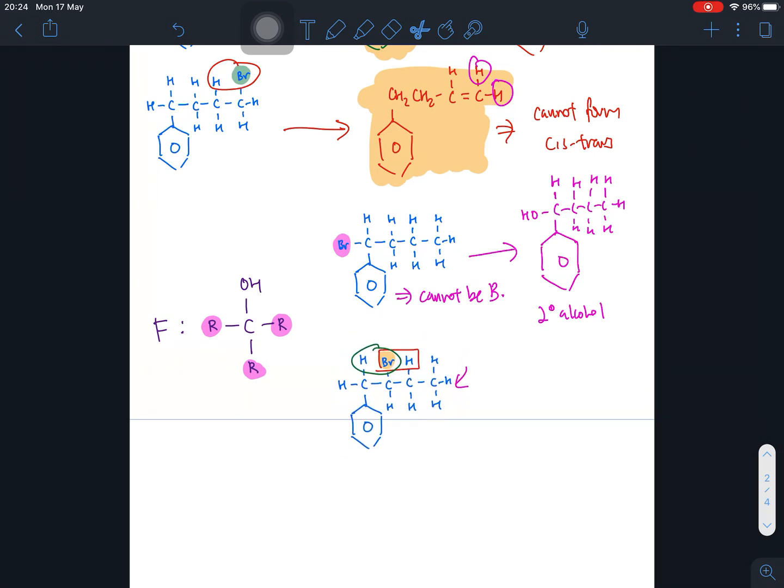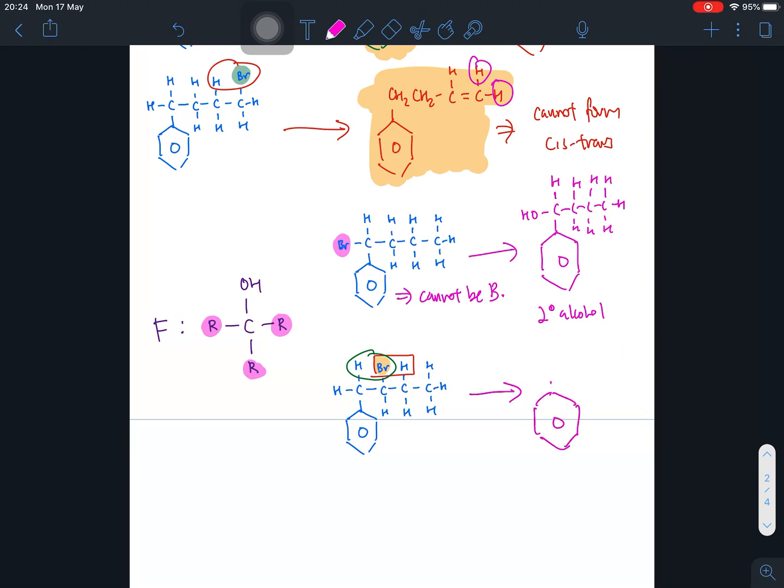If this were to be B, okay, when it undergoes nucleophilic sub, okay, that's where the Br is substituted with OH. Okay, in this case, this is still a secondary alcohol. And again, it tells you that this cannot be B.